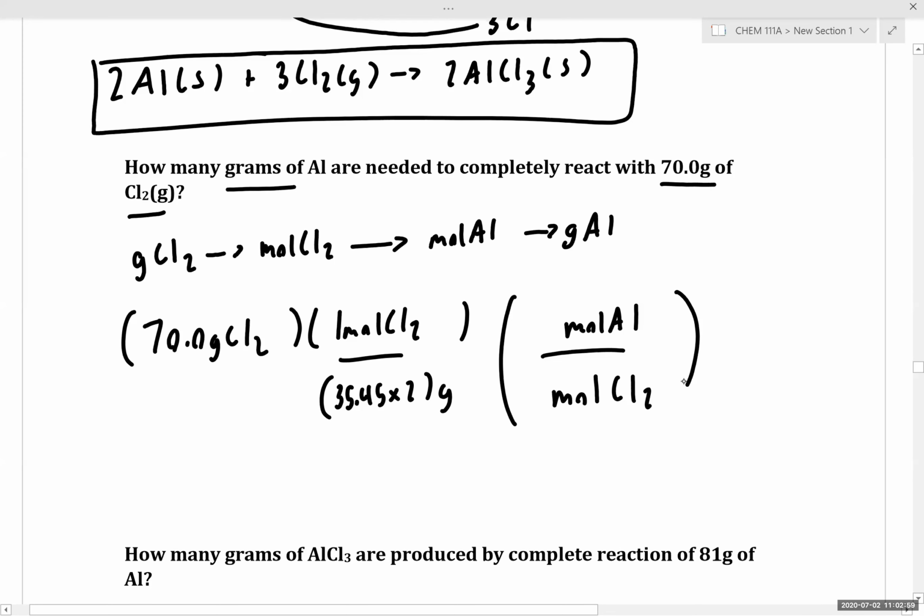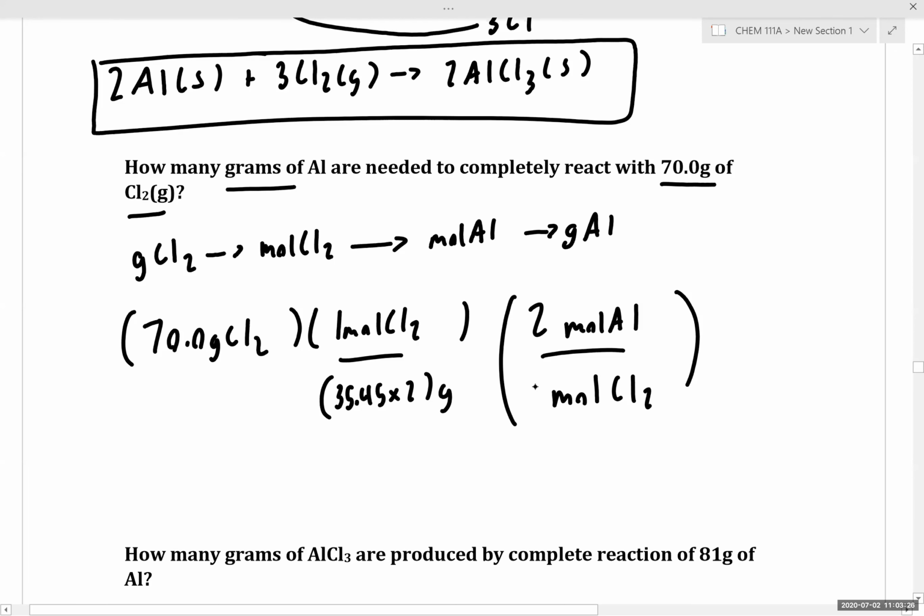What's our mole to mole ratio of aluminum to chlorine? Two to three.